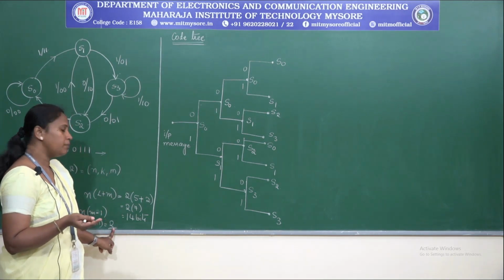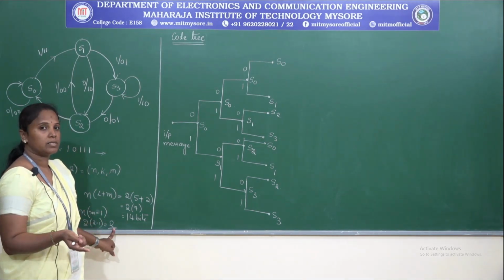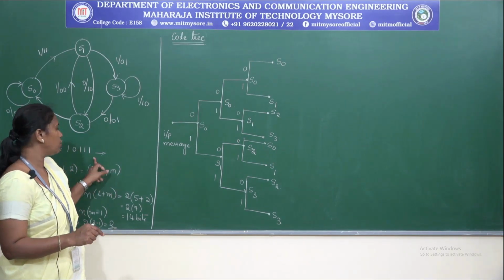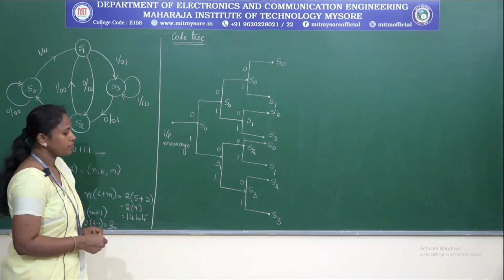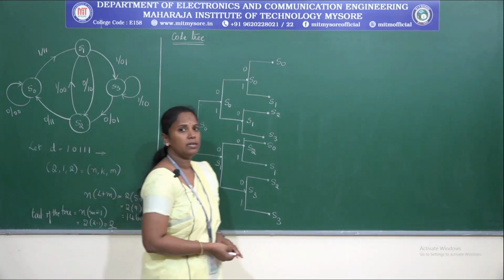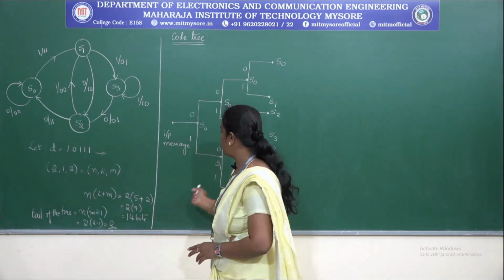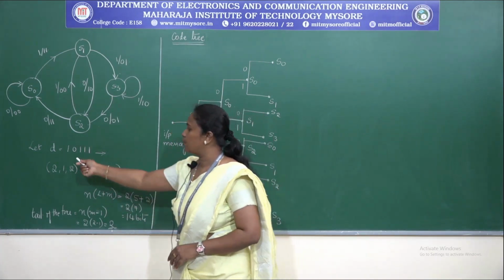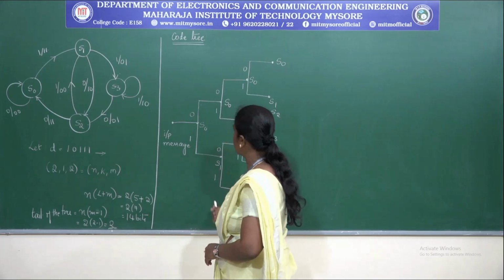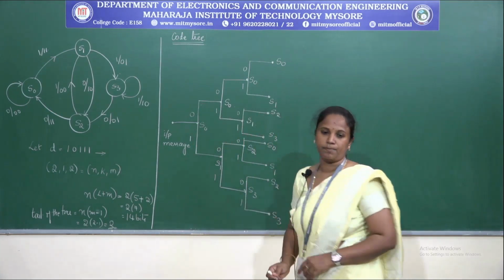So whatever the extra bits we are going to consider here, which is called the tail of the tree, those bits are appended by zeros. Okay. So let us see here how this transition of the message input, that is D equals 10111, takes place with respect to this code tree.